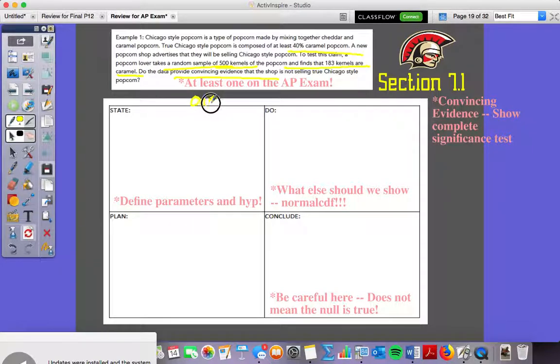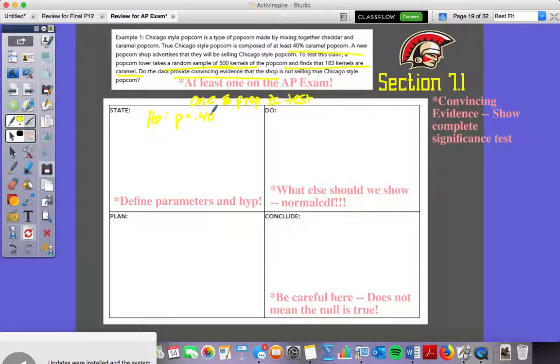So it's a 1 proportion z test. Just as a start, we know that the null would be what? P is equal to 0.4.